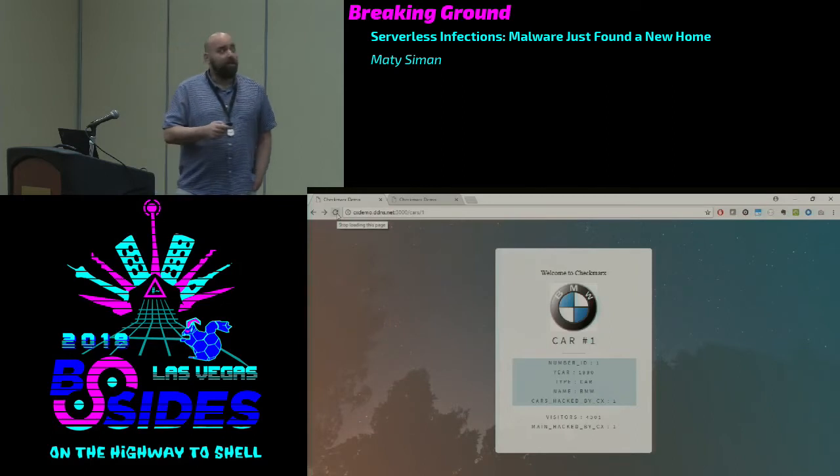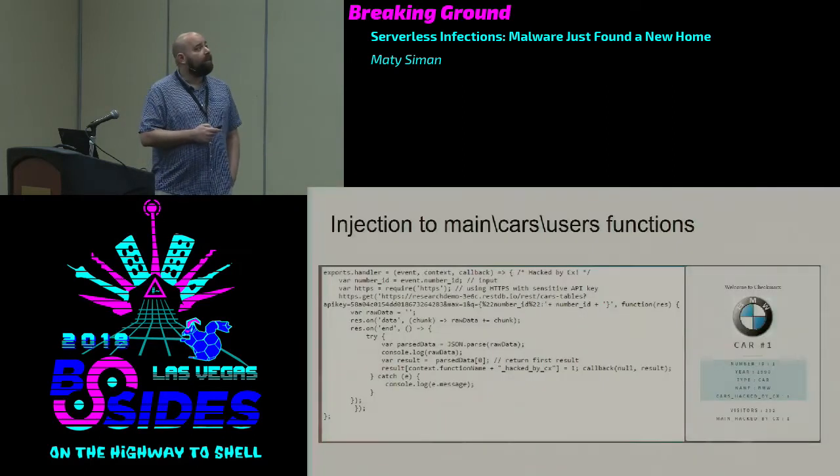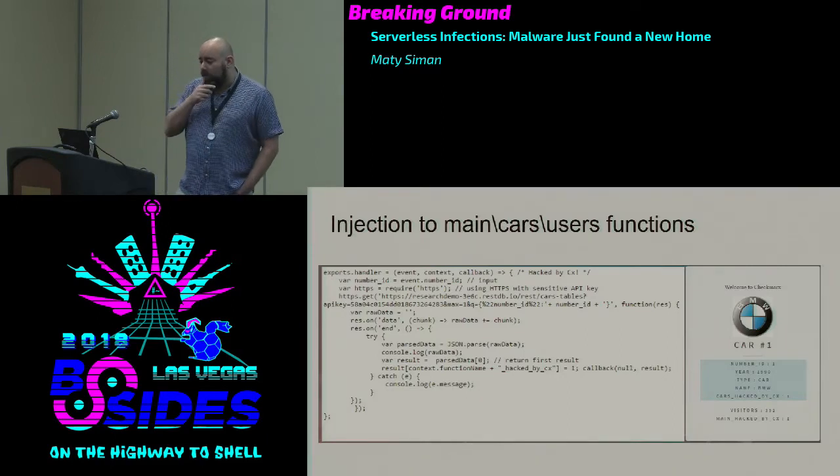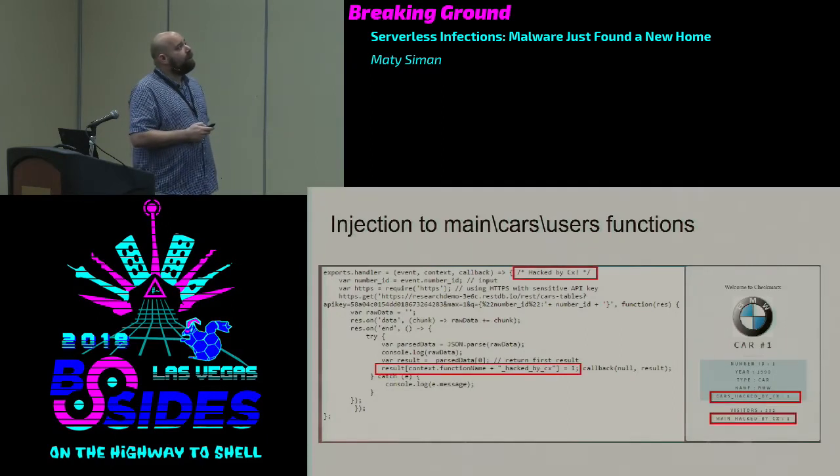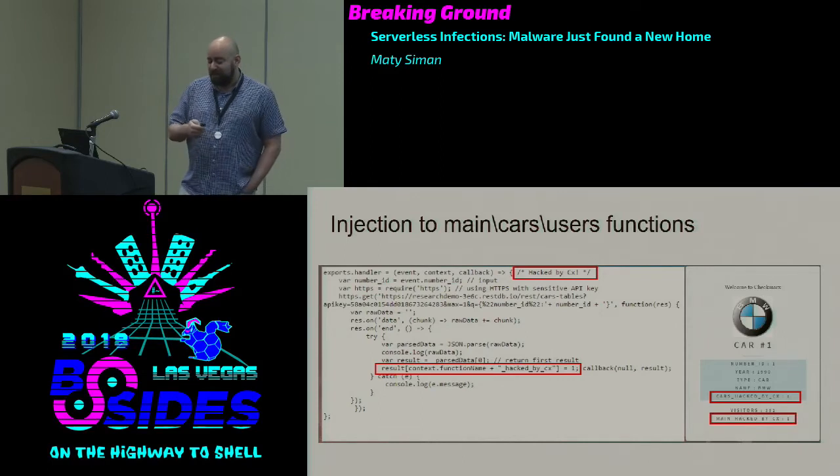So obviously users is also tainted at the moment. So what we actually did here, we can see the code, we can see where you saw it in the demo, and this is just what we added, just the string, extremely smart, hacked by string.